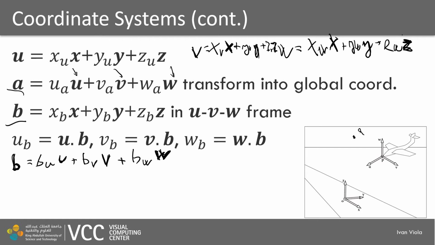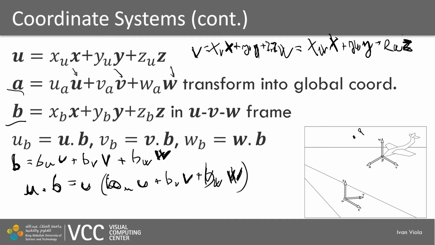If I now do a dot product of the vector U times B, it equals U times (BU times U plus BV times V plus BW times W).